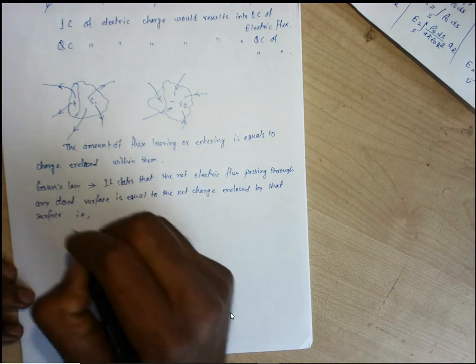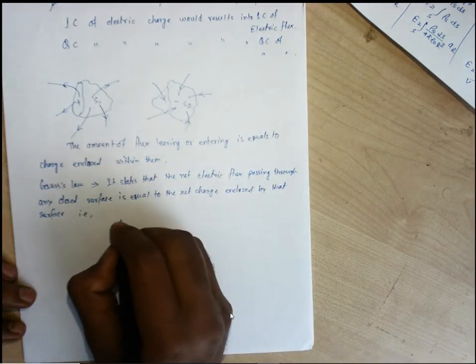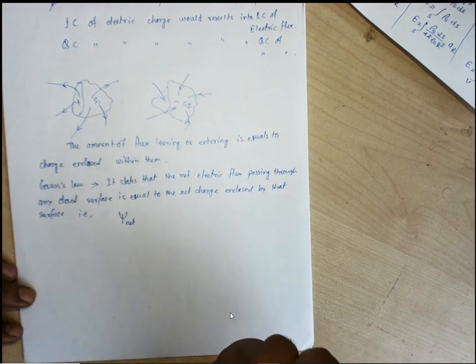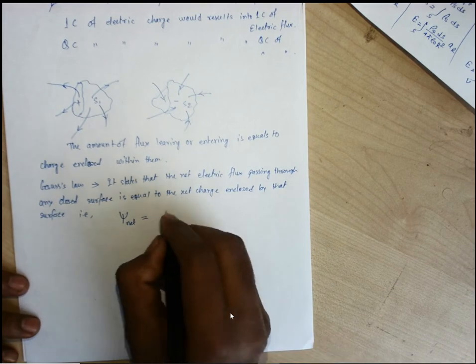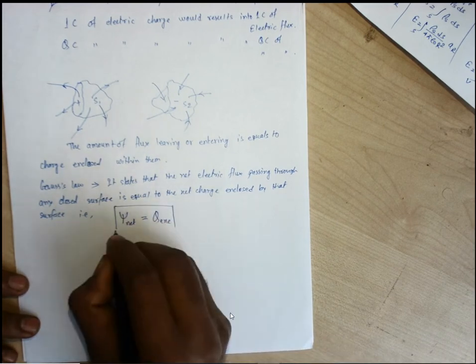That is, we can say the net electric flux, denoted by psi net, is equal to the total charge enclosed, that is Q enclosed. These two are the same.